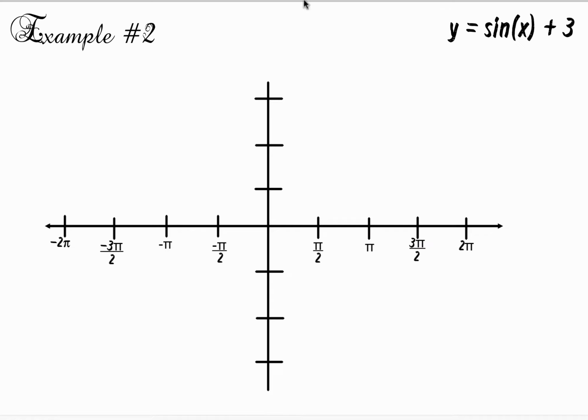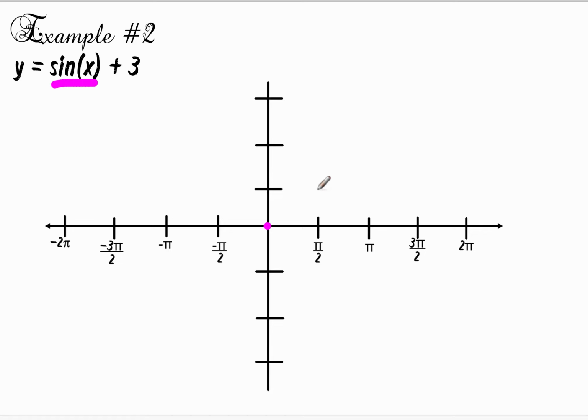All right, so again, example 2. Get your mind straight. The first thing that I'm going to look at is the sine wave. I'm just going to graph a regular sine wave. A sine wave is a hill followed by a valley. Now, what do they want me to do to this sine wave?